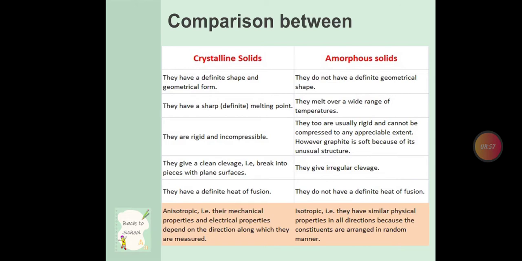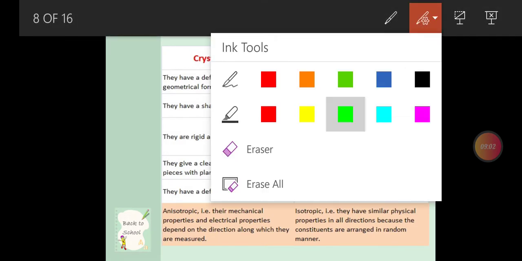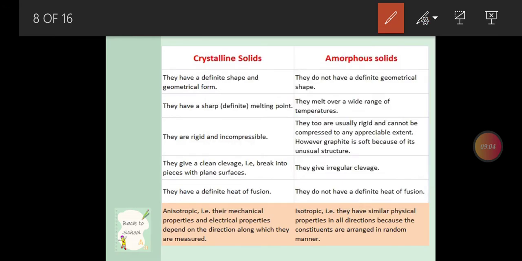Here is a comparison given for you to learn between crystalline solids and amorphous solids. Crystalline solids have a well-defined shape and geometrical form, whereas amorphous solids do not have a definite geometrical arrangement of particles.